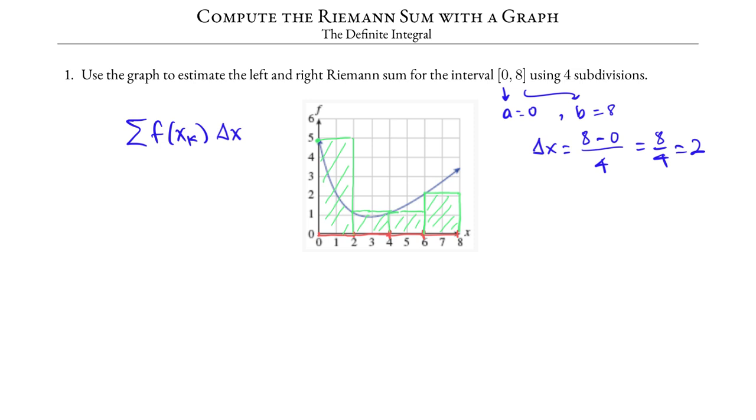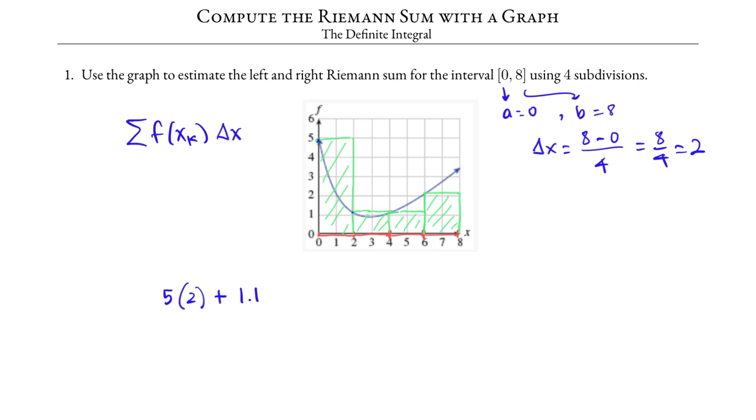For the first rectangle, the height is approximately 5, and so we have 5 times the width, which is 2, plus for the second rectangle, the height is approximately 1.1.